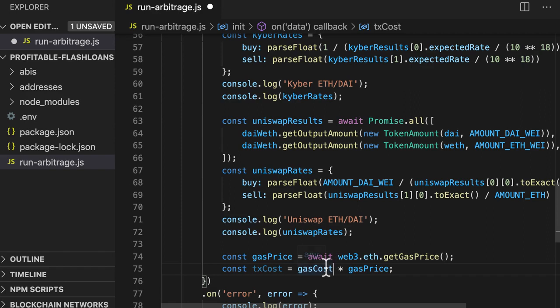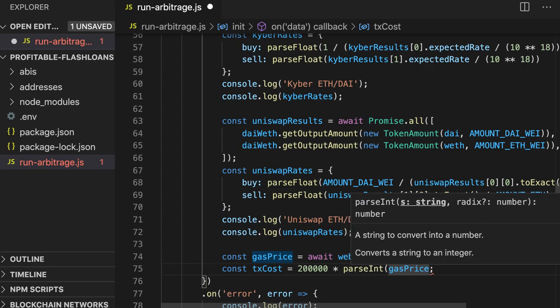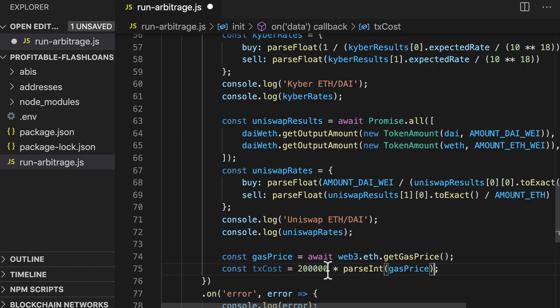But we're actually going to do this in the next section when we're going to create our flash loan smart contracts. For now, we're just going to put an arbitrary value, 200,000. And for this, we need to use parseInt because gas price is written as a string. But as a string, we cannot multiply it with a number.